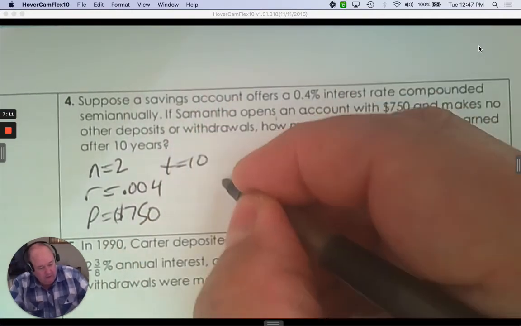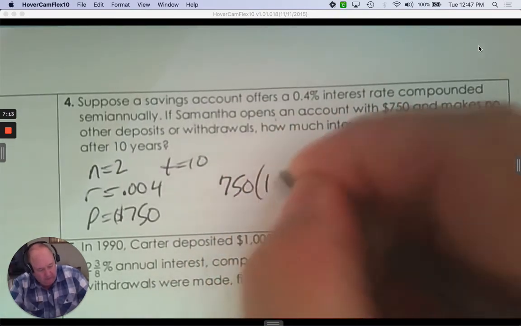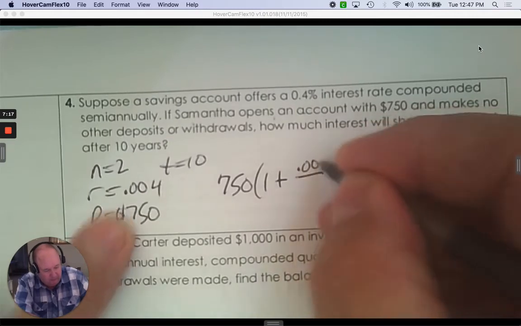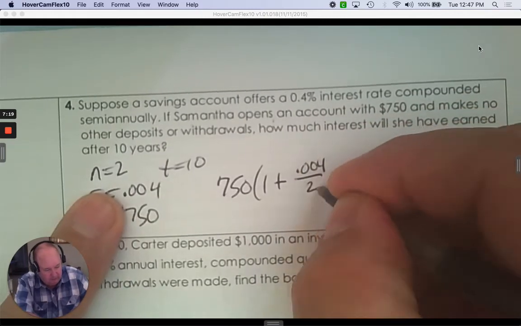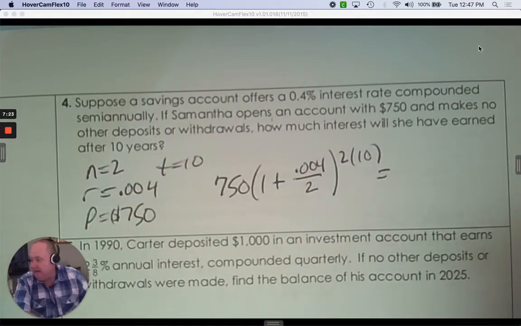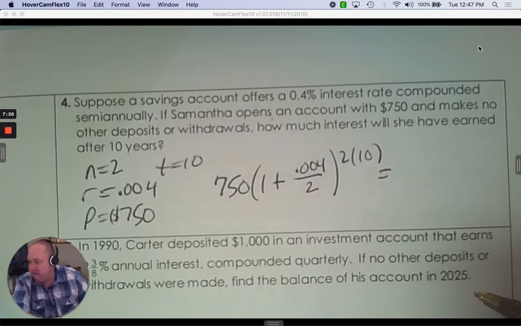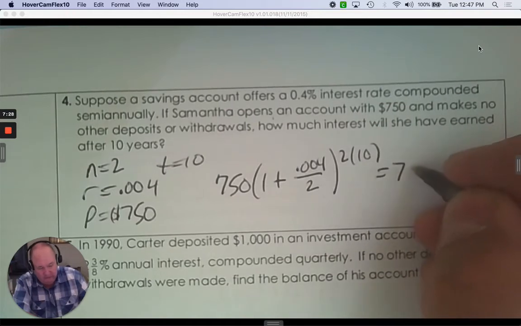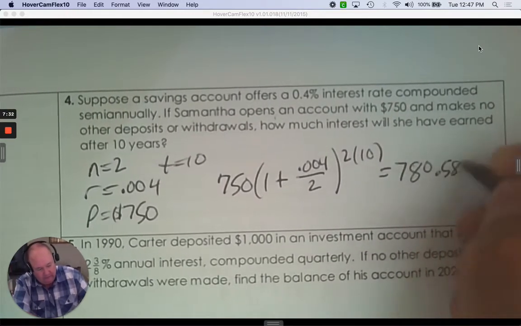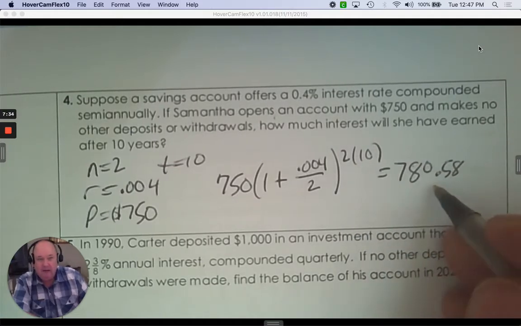All right. So 750, 1 plus the interest rate, 0.004, divided by 2, to the power 2 times 10. How much money is left there? And just in interest. So this is $780.58. But the question wasn't how much she has in her account.